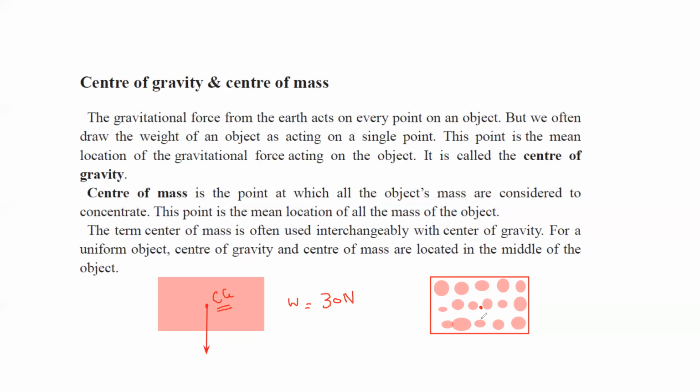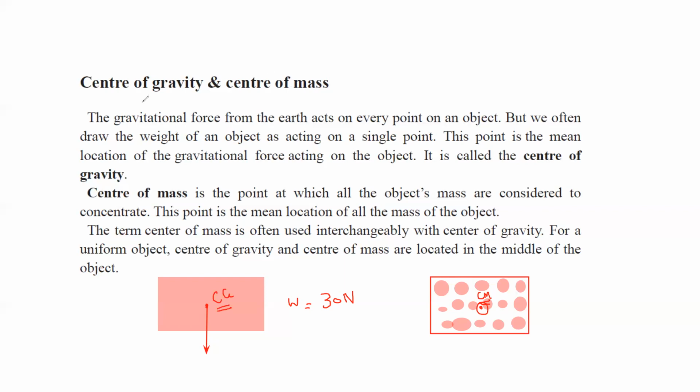So the point around which the mass is evenly distributed is known as center of mass. Center of mass refers to the position around which the mass is evenly distributed, whereas center of gravity is a point where the weight of an object acts, or the object experiences the gravitational pull from the planet.